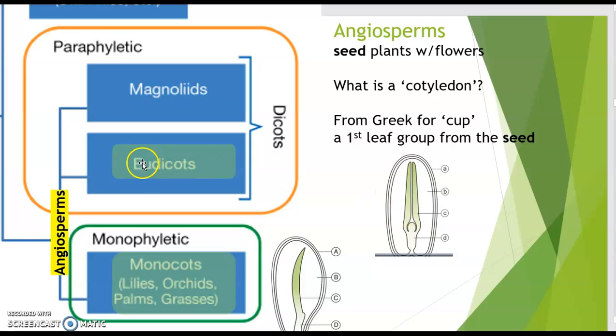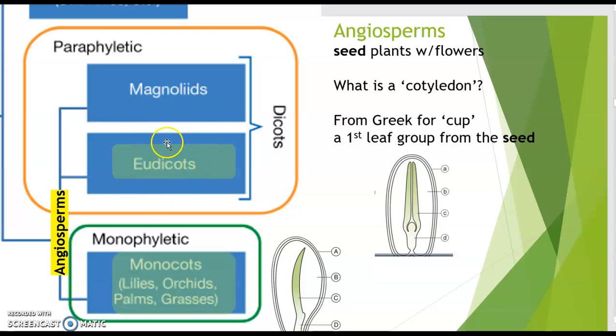We call this eudicotyledons and eudicots because there's still some controversy over the characteristics in this dicot group. And in fact, magnolias could be considered a dicot, but there's still a lot of controversy about how these particular families should line up. We're not going to get into the controversy.